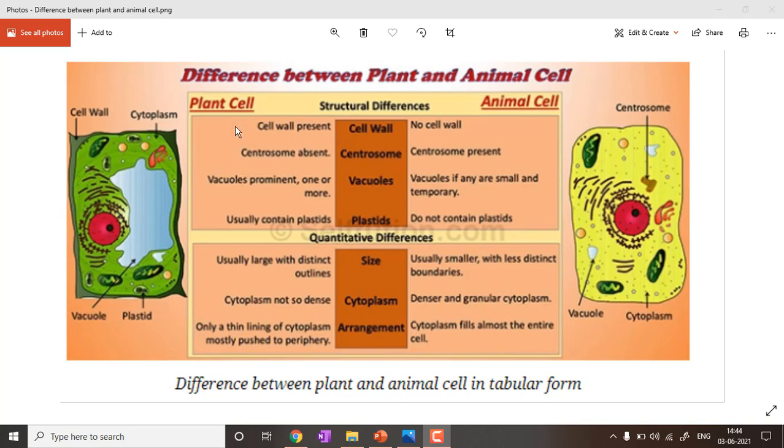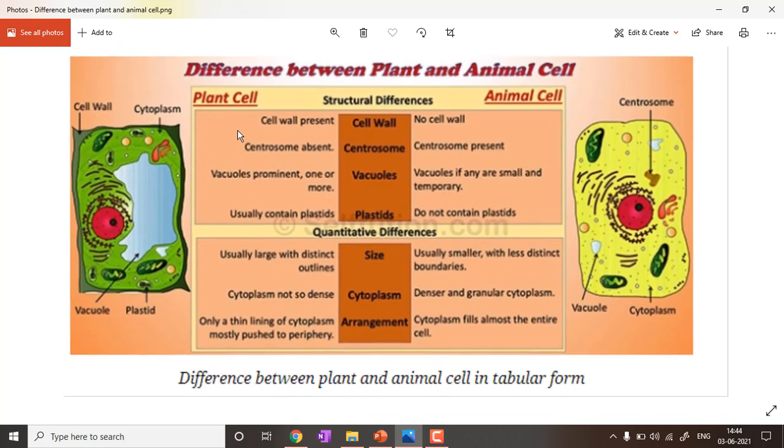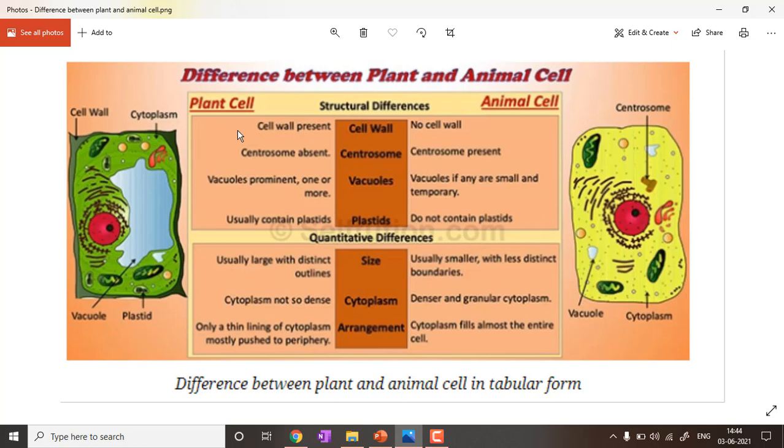The first structural difference is that cell wall is present in plant cell, whereas it is absent in animal cell. If you remember, we talked about two doors present. You can see that this is an internal wall and this is an external wall. The external wall is said to be the cell wall and it is present only in plant cell. If you see the animal cell, there is only one wall present.